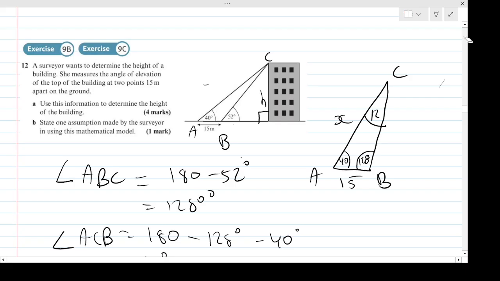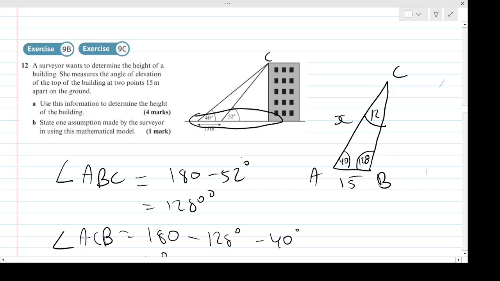Let me get rid of all this now so I can clearly see the triangle. Well, probably the easiest one that is applicable to most scenarios is the fact that the ground is modelled as completely flat. You can see that here.